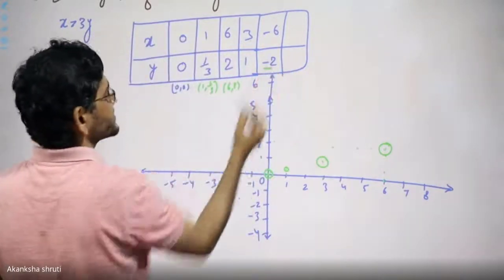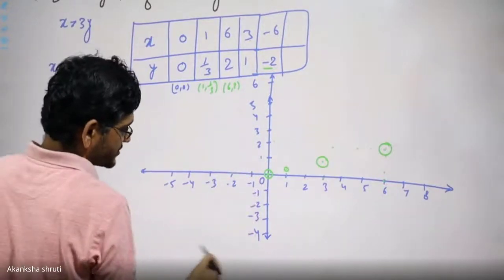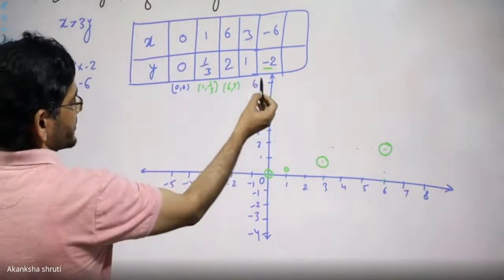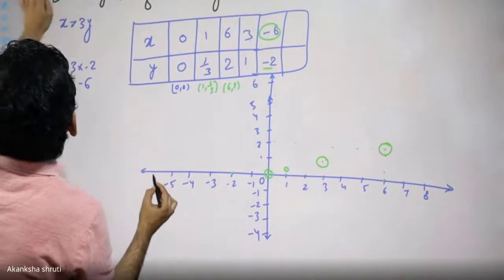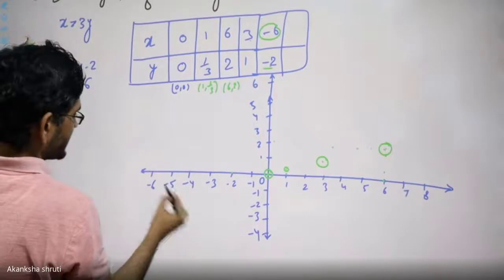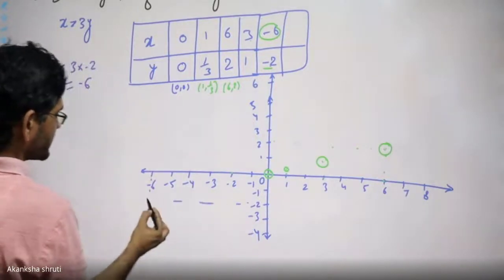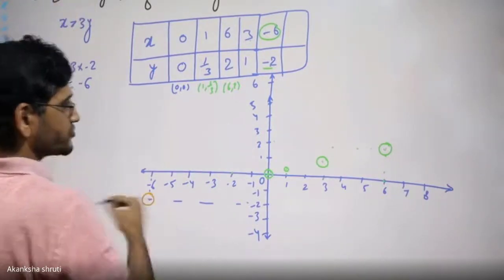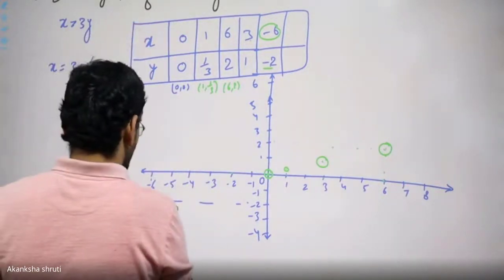Now the point with y as minus 2 and x as minus 6: sorry, if we take x as minus 6, it will be even beyond this, and y is minus 2, so we go below up to 2 only. This point is here. Now joining all these points, we get a straight line.